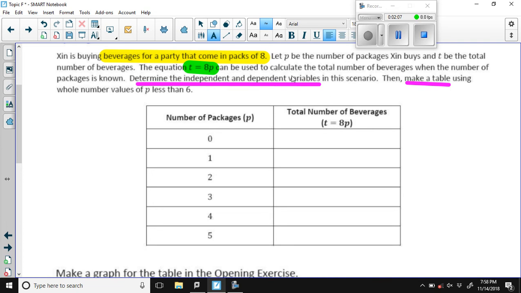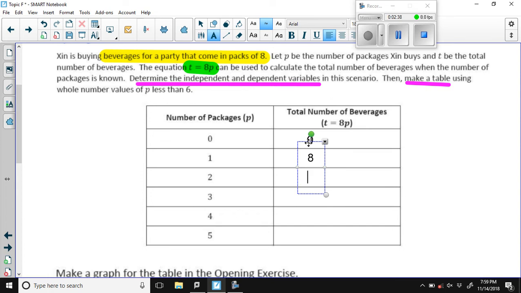Packages, and the beverages come in packs of 8. So if we have 0 packages, we are going to have 0 beverages. If we go down here and we have 1 package, well, 1 package is going to be 8 beverages.